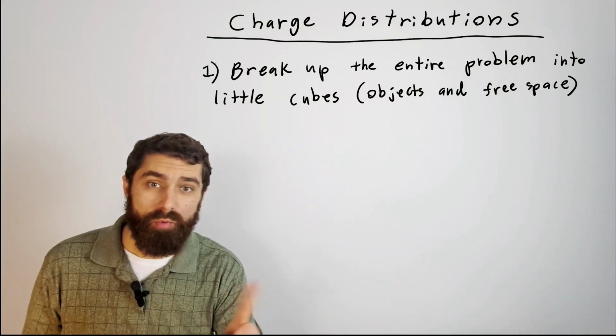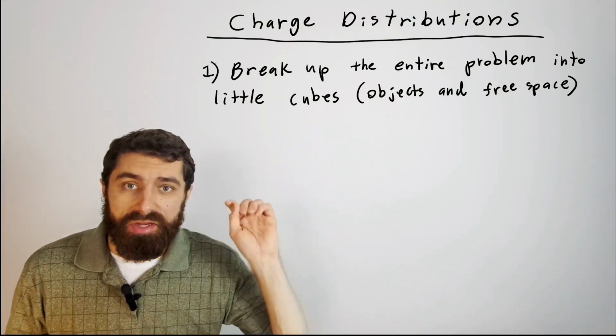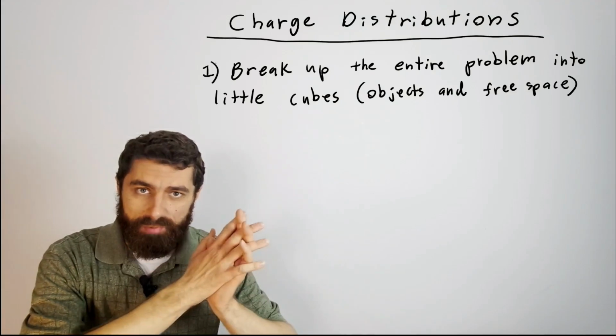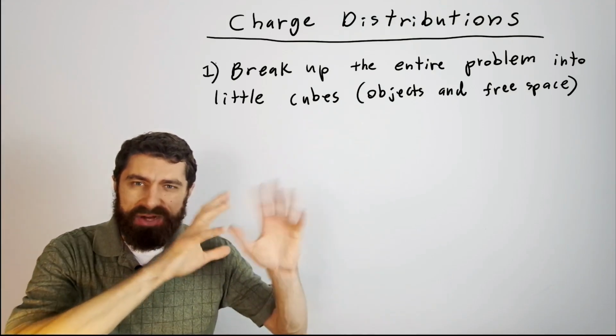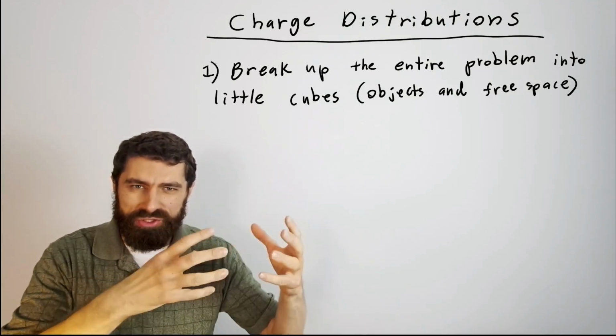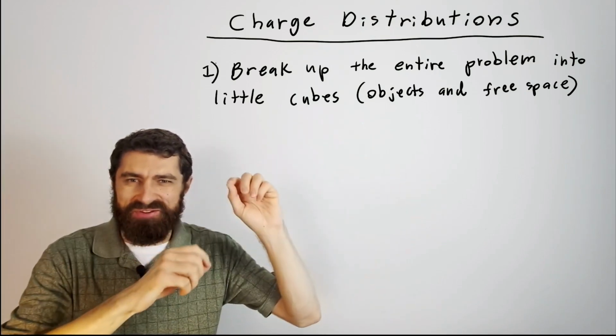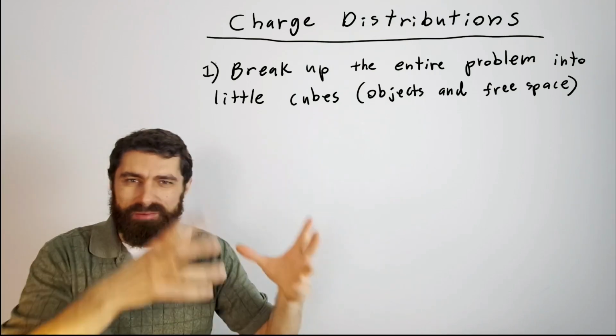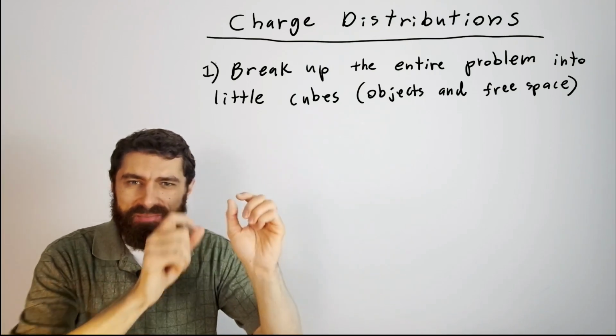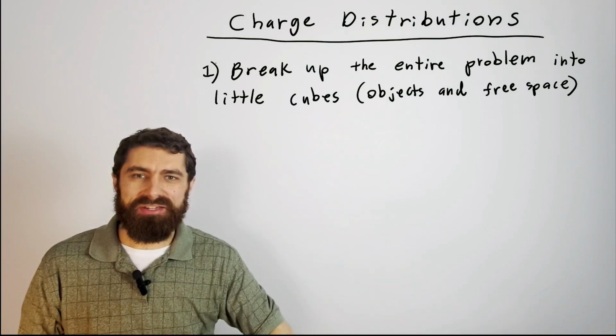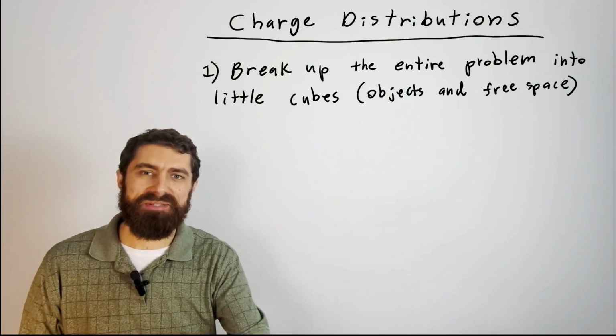So step one: given any electrostatics problem, you break up the problem into a bunch of little cubes. The space, the different objects in the problem, break it up into tiny cubes, really infinitesimally small cubes.